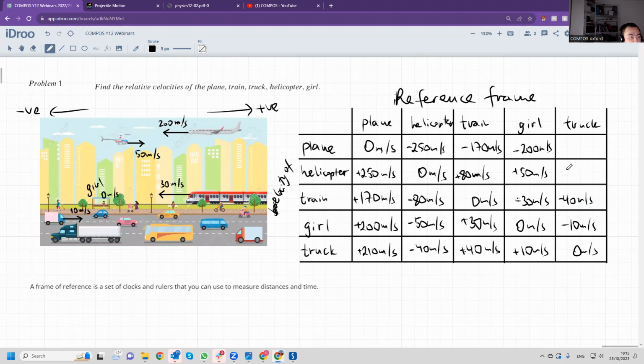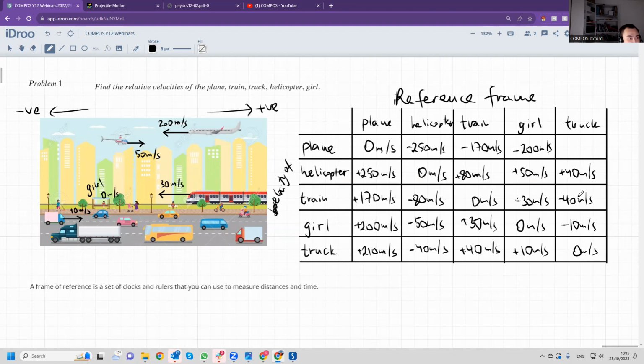If you are in the truck, the helicopter is moving at plus 40 meters per second.